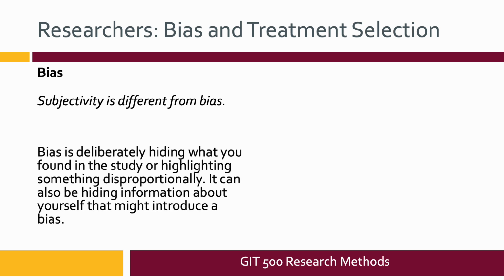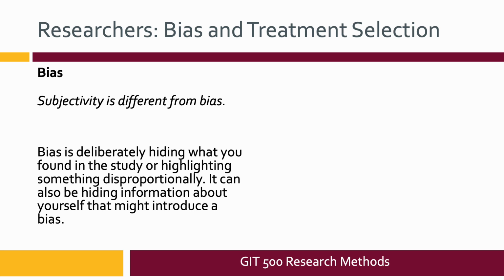Bias, on the other hand, is deliberately hiding what you find in a study or highlighting something that you do favor disproportionately based on your own beliefs or what you want the outcome of your research to show. It can also be hiding information about yourself that might introduce a bias.